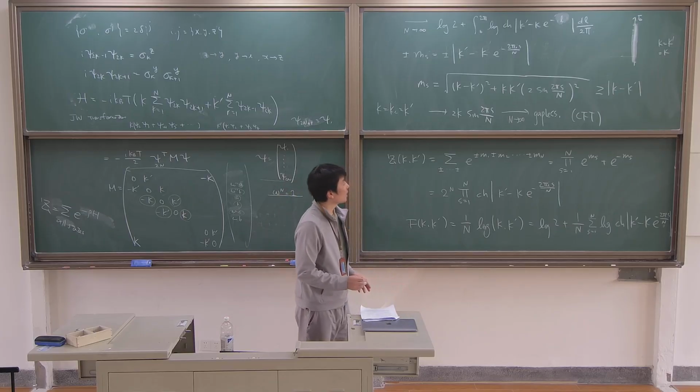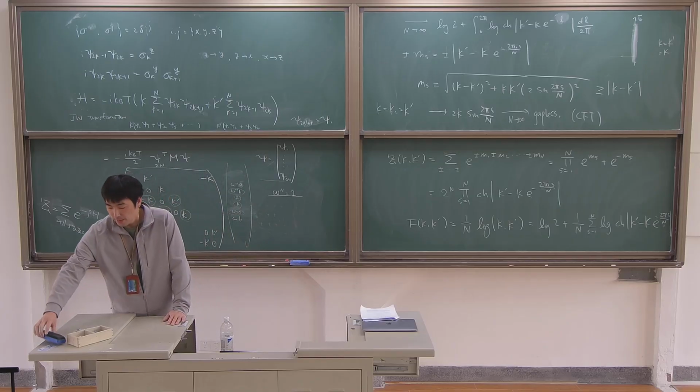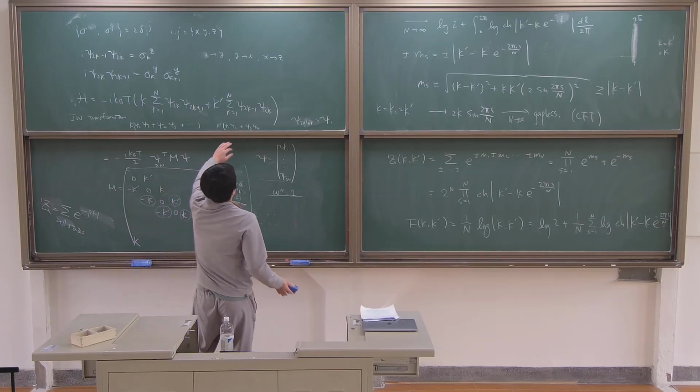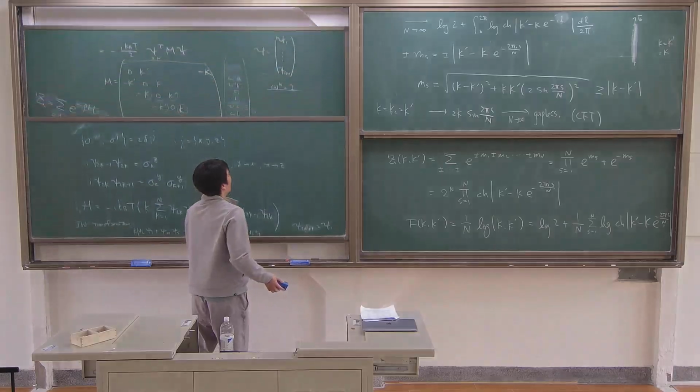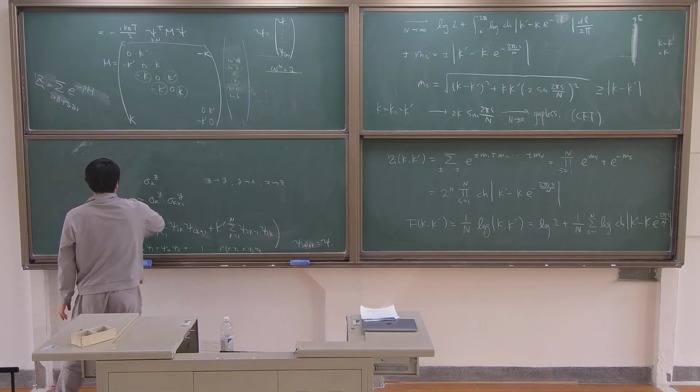So this is one way of deriving the Onsager result. I mean, there are lots of ways to derive this Onsager result. It's a very nice one.